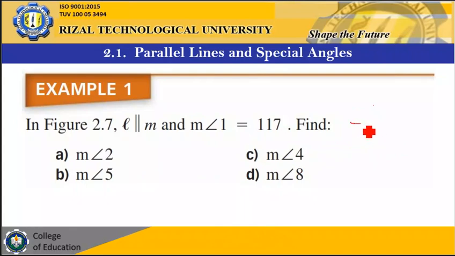So let's suppose that this would be line L, and let's suppose that this is line M. And suppose as well that this is line P, and P is the transversal of line L parallel to line M. And let's name our angles.